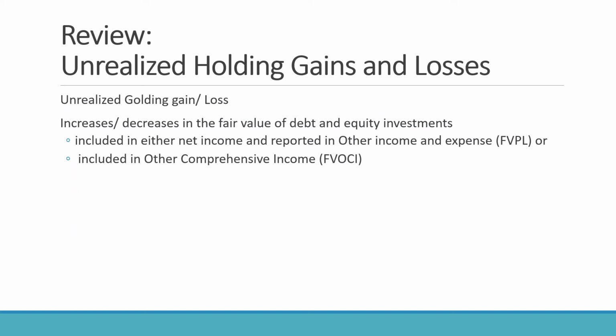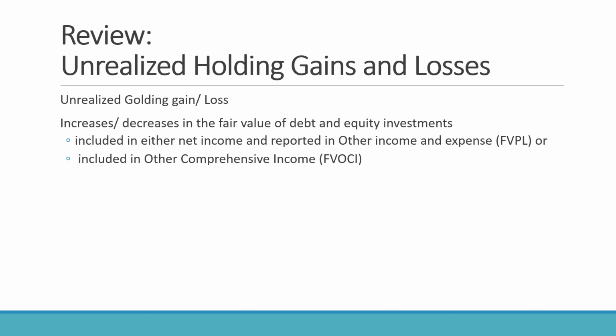Another type of gain or loss that we've mentioned is an unrealized holding gain or loss. So the gains and losses we've been discussing are realized gains and losses because they result from the sales of assets. Unrealized holding gains and losses are recorded in connection with adjusting debt and equity investments to fair value.